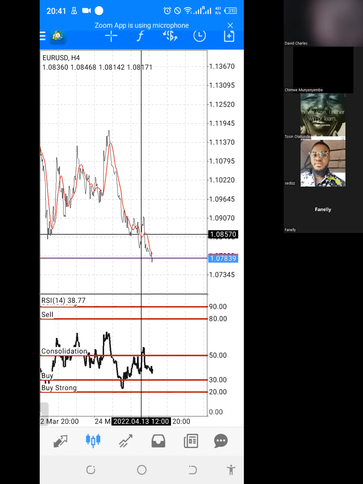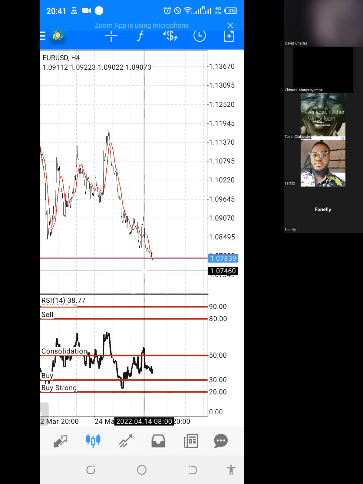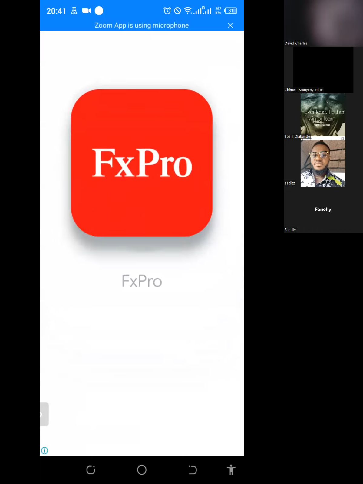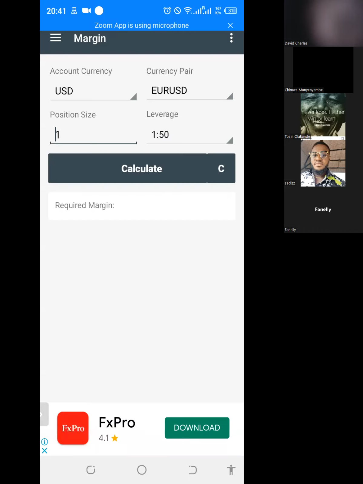And then let's say our stop loss is 1.07433. Okay, so now we can see there. Now we go back to Euro USD. Okay, that's our calculated. Let's leave that one. Now we are at the margin.